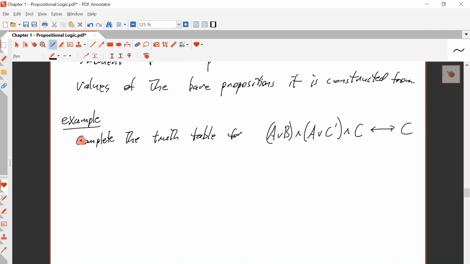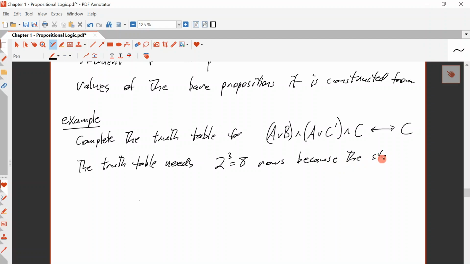First of all, how many bare propositions are there? There are 3: A, B, and C. So 3 bare propositions needs 2 to the 3 equals 8 rows, because the statement is built from 3 propositions.